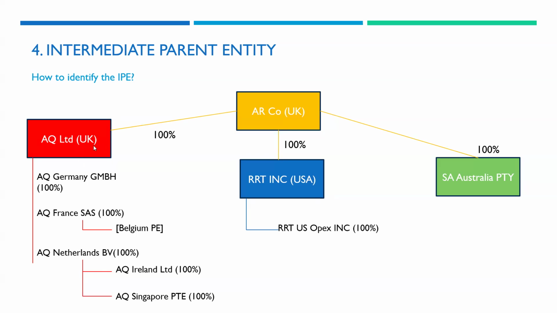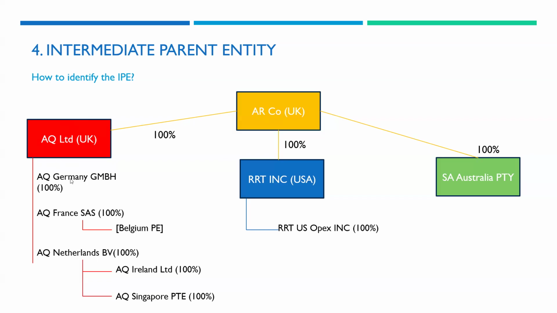Now there won't be one IP in the group, rather there could be multiple IPs in the group. The example is just to clarify. So if AR is in a jurisdiction which does not apply IAR, then the obligation will fall to the IP. Who's the IP? The one who holds a controlling interest in any other entity, but is not the UP. So AQ is not the UP, it is held by AR, right?